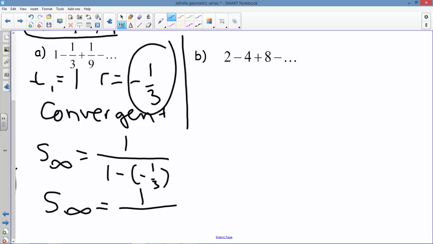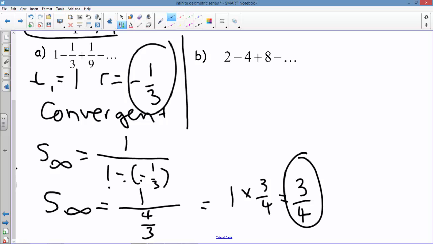So it's 1 divided by, two negatives make a positive, 1 plus 1/3, which is 4 over 3. And if I'm dividing by a fraction, that means I invert it and multiply. So that would be 1 times 3 over 4. So the sum of that series is 3 over 4.